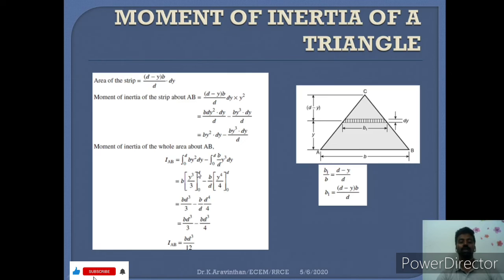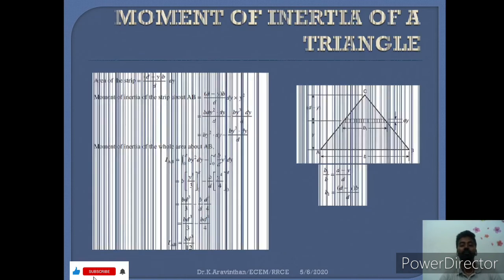After substituting this limit inside the component and simplifying, you will be getting bd cube divided by 3 minus bd cube divided by 4. So if you further simplify, you will be getting moment of inertia at AB. So we have considered only AB of a section, that is why we are getting moment of inertia of AB equals bd cube divided by 12. So this is the moment of inertia at AB.